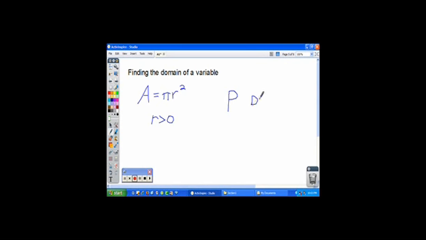So the domain for p is the set of all numbers such that p is a positive integer, because it doesn't make sense to talk about negative people, and it doesn't make sense to talk about fractional parts of a people. Like, I know everybody wants to get married and have 1.5 kids, but that 0.5 kid, probably not the best situation for them. So, round up or round down, depending on the problem. And that's all I need to say about domain right now.